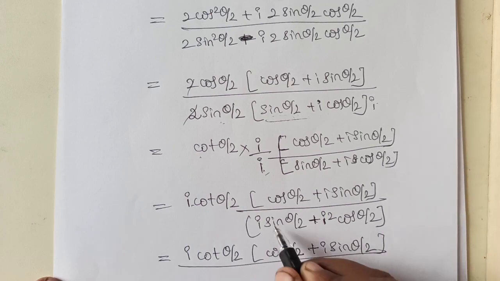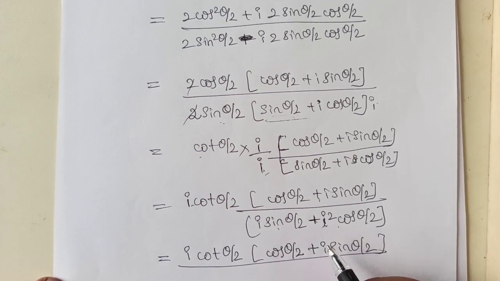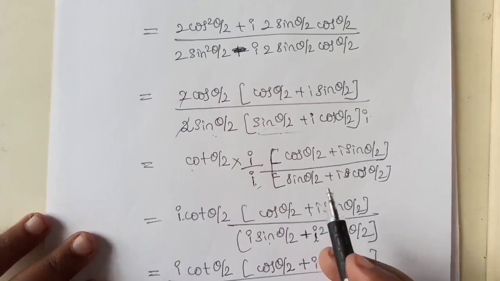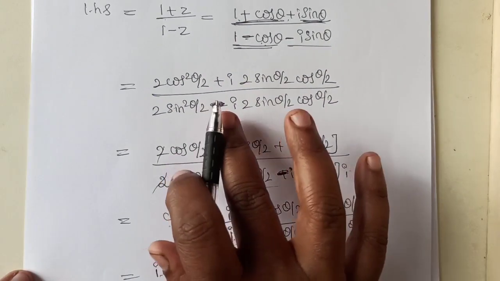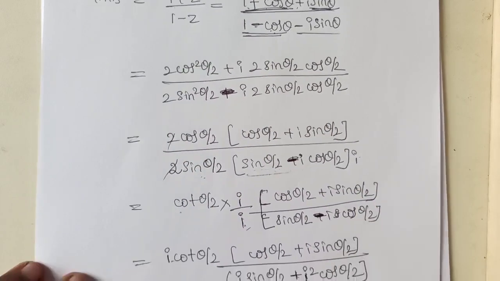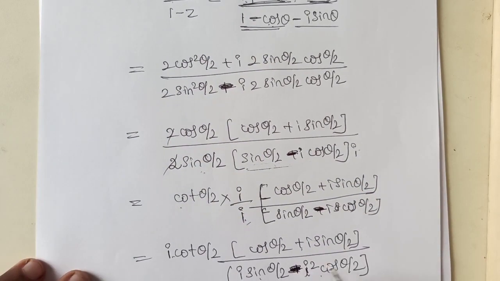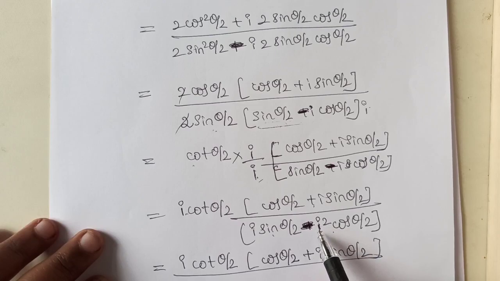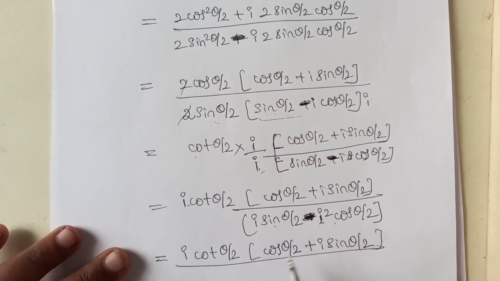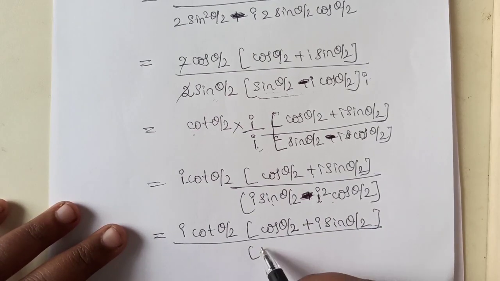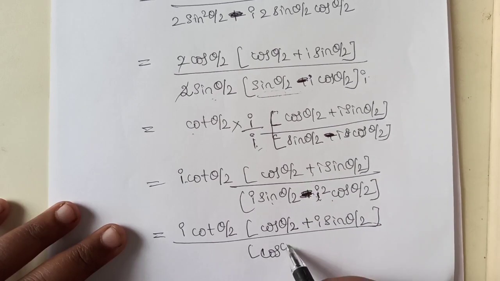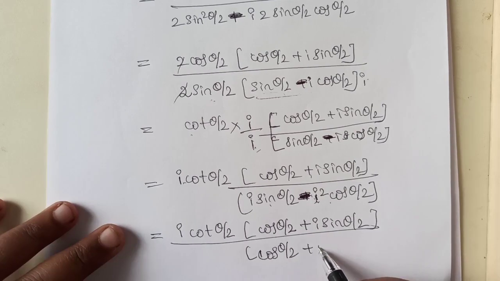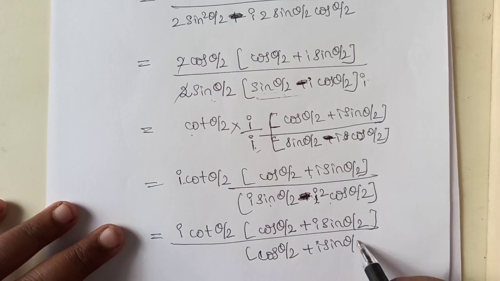The denominator can be written with I square value equal to minus 1. Sorry, here we have a minus sign. So this becomes minus I square. But I square value is minus 1. Minus into minus becomes plus. So therefore the cos term becomes plus. Therefore it can be written as cos theta by 2 plus I sin theta by 2.